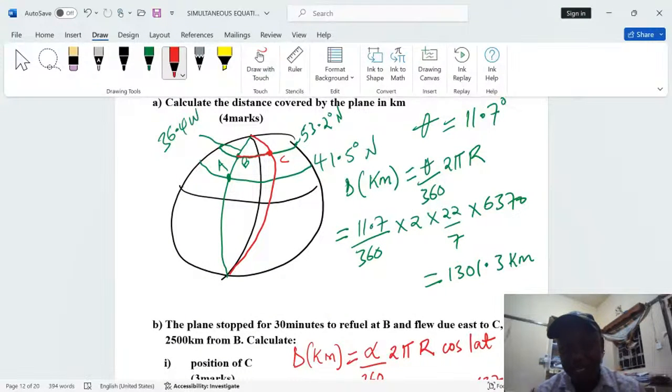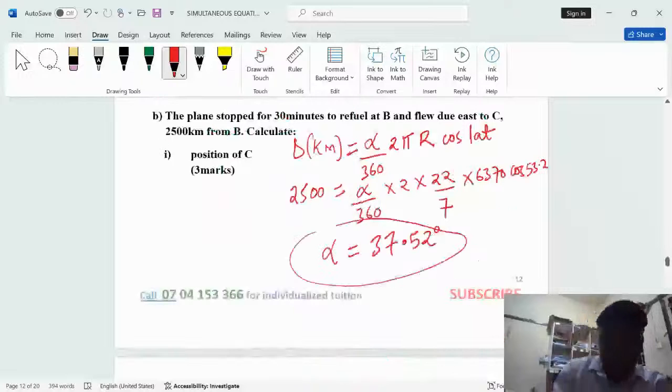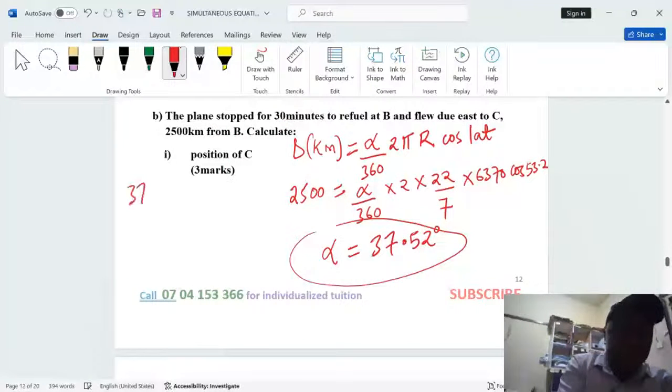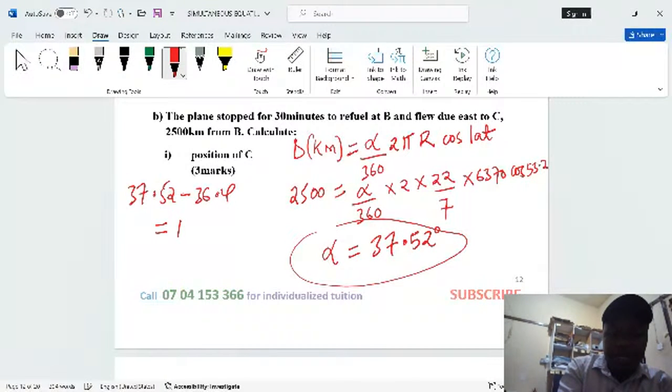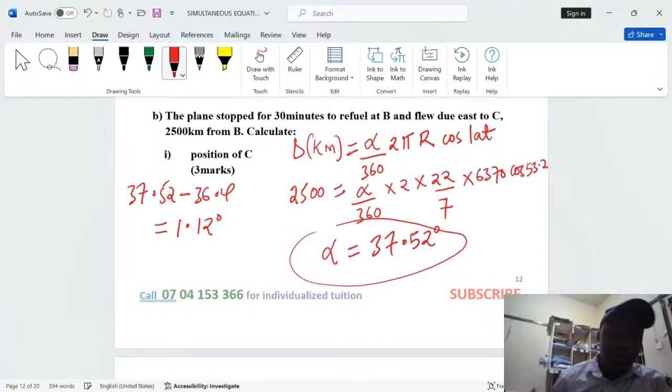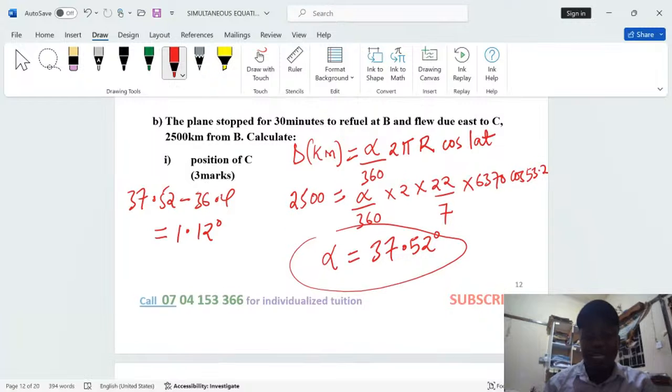We go to the east, so that an angle difference of 37.52 is realized. To know the angle to the east, we need to take 37.52 and subtract 36.4, and this becomes 1.12 degrees, which means we will be 1.12 degrees to the east.